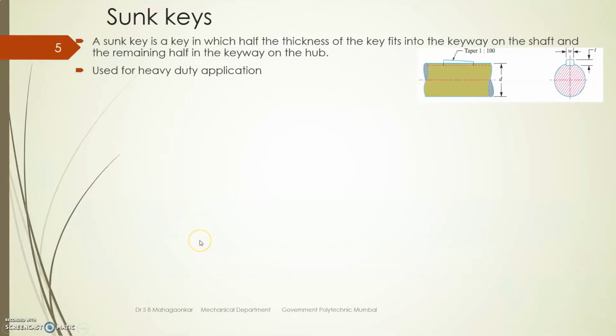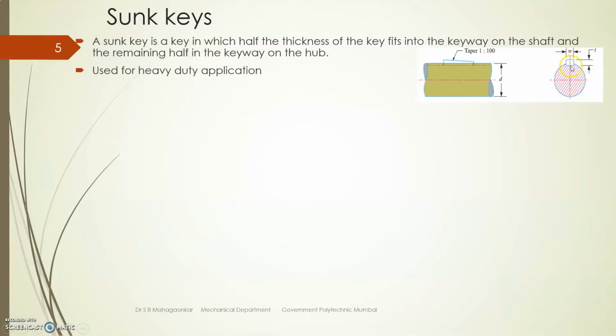A sunk key is one in which half the thickness of the key fits into the keyway of the shaft and the remaining half into the keyway of the hub on top. It is used for heavy duty applications. This is the portion of the shaft.